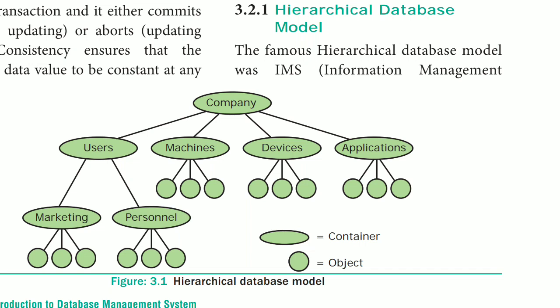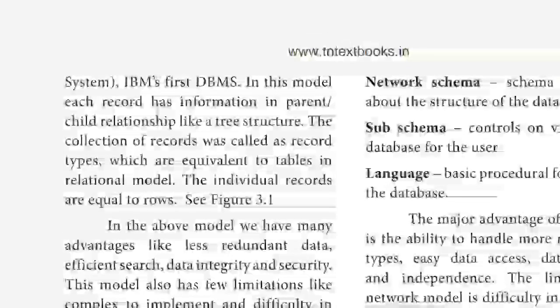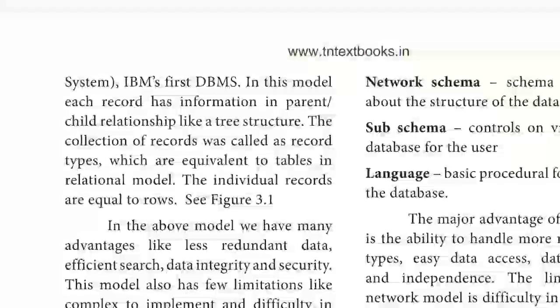The famous hierarchical model was IMS, Information Management System. This Information Management System was IBM's first database model. In this model, each record has information in a parent-child relationship, like a tree structure.